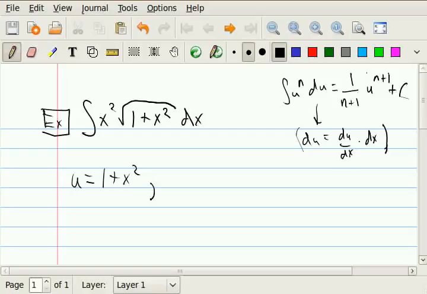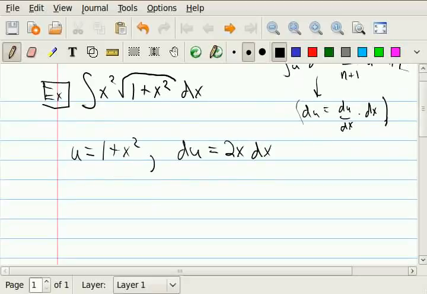Okay, so if that's u, du is going to be, and remember du is the derivative of u, which is 2x, right? Derivative of 1 plus x squared is 2x. So du is du dx times dx. Okay. Well, let's try making the replacement here. We've got the square root of 1 plus x squared.